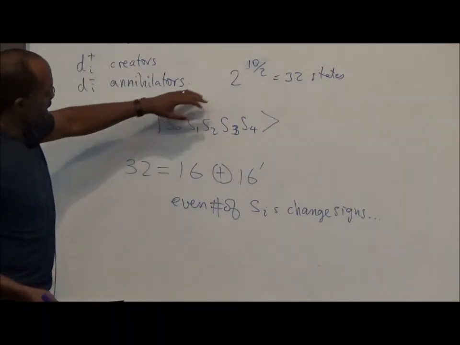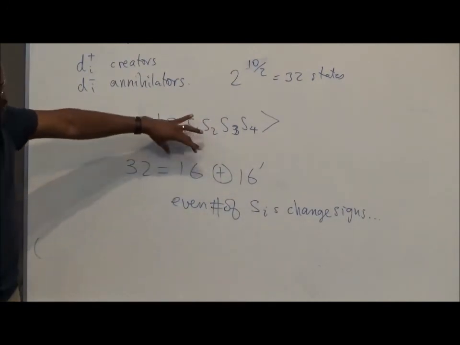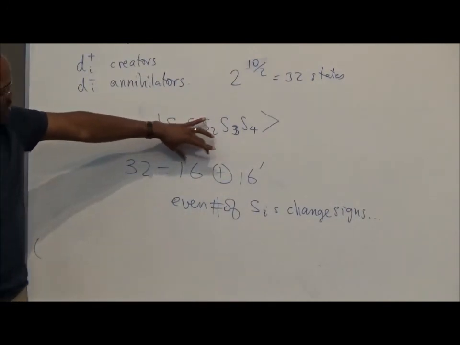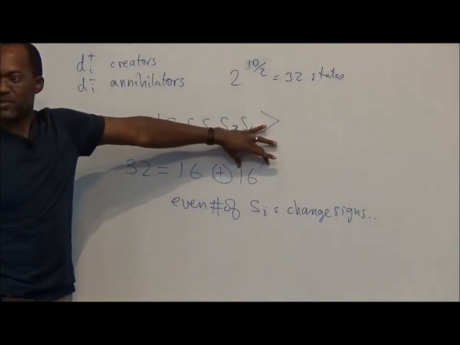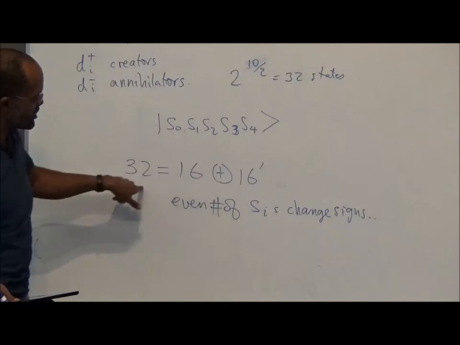So I have 32 massless states that I make with those psi zeros. 16 of them like to be with each other, and a different 16 like to be with each other. So that's what justifies this.